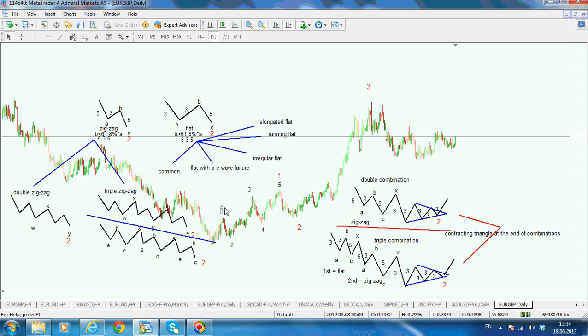So you might have your structure to be here something like 1, 2, yet another second wave of this degree, 3, 4, and 5. Or maybe your 1 should be here, 1 and 2.